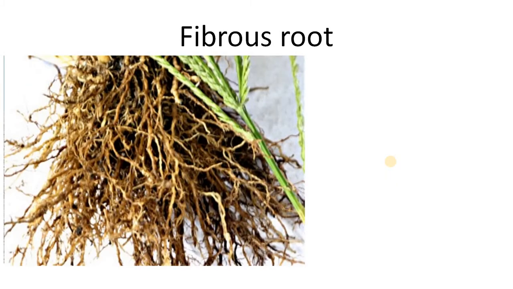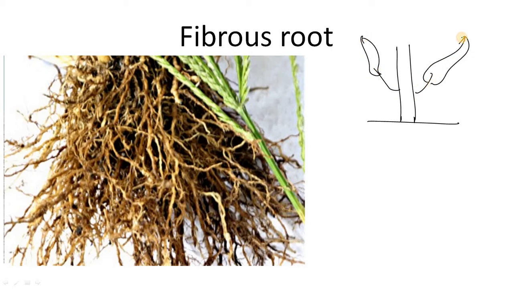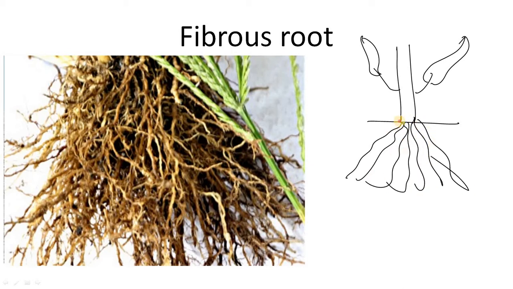But here in fibrous root, children, if I draw by the side to show you, if this is a stem, this is the ground, right? This is the stem, this is the ground. So imagine these are the leaves of that particular plant or tree. It is like this. So what is a fibrous root then?